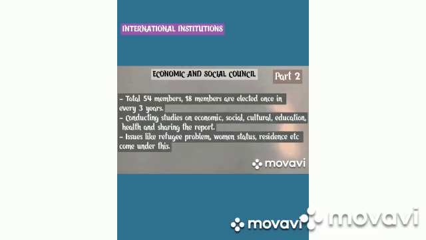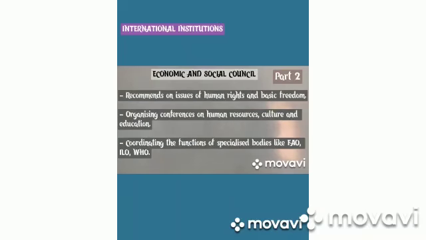They also address issues like the refugee problem and women's status. If there is a refugee problem or problems for women in any country, then they will try to solve it. It also makes recommendations on issues of human rights and basic freedom. It's a very important one, as human rights should be given to everyone in all countries.